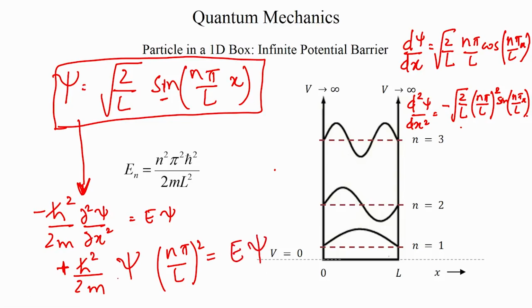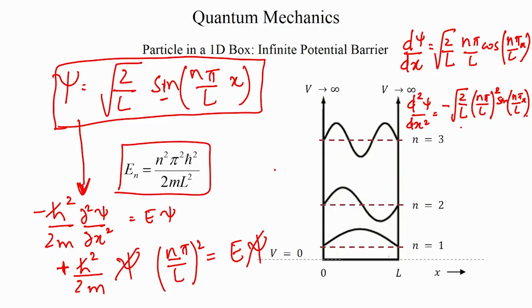Now which means that my total energy is given by this expression here, which is n square pi square by L square into h bar square by 2m, is my energy when n takes a value, where n takes only integer values. So this is the energy for some particular n.